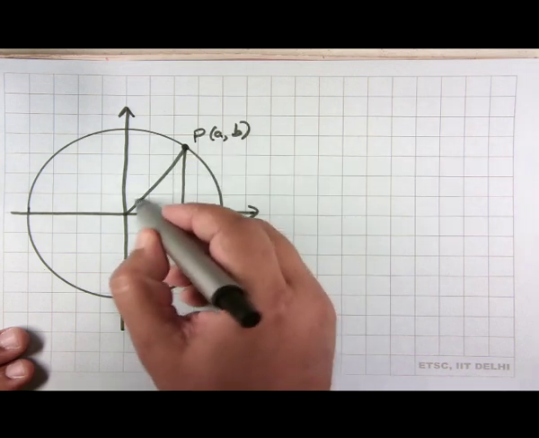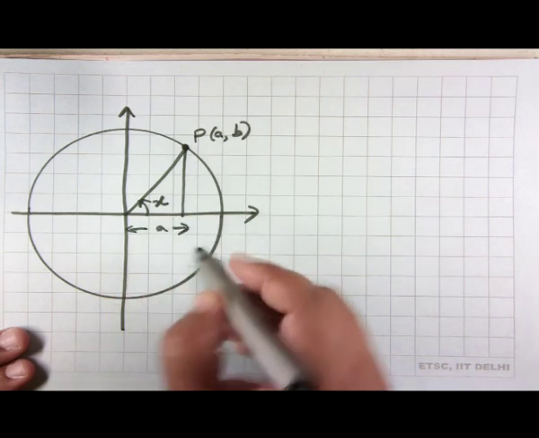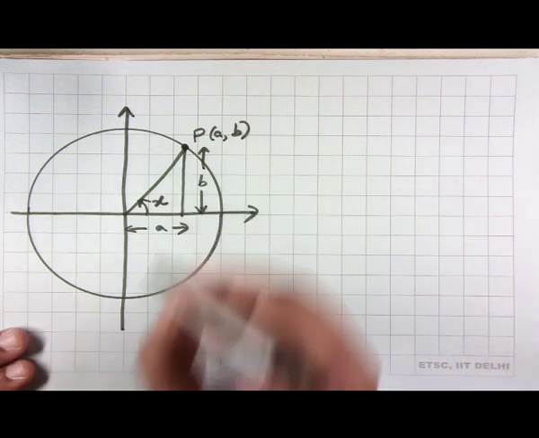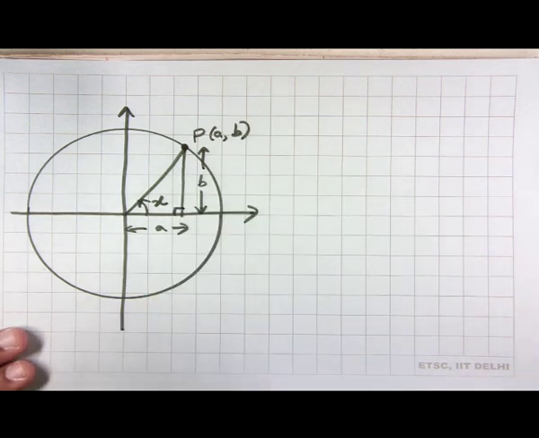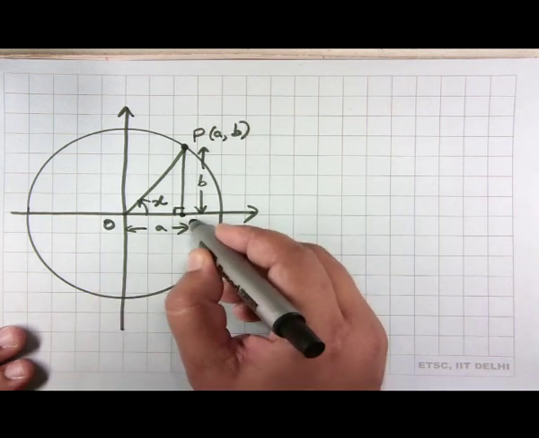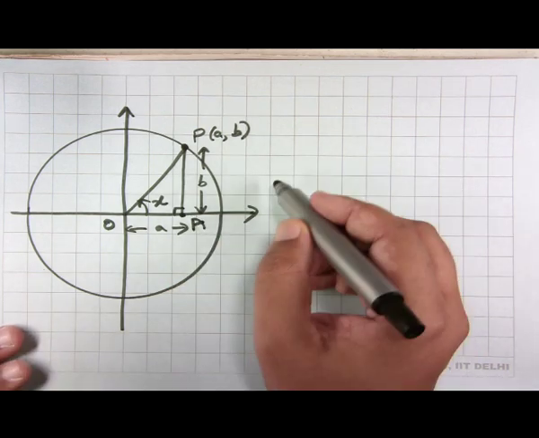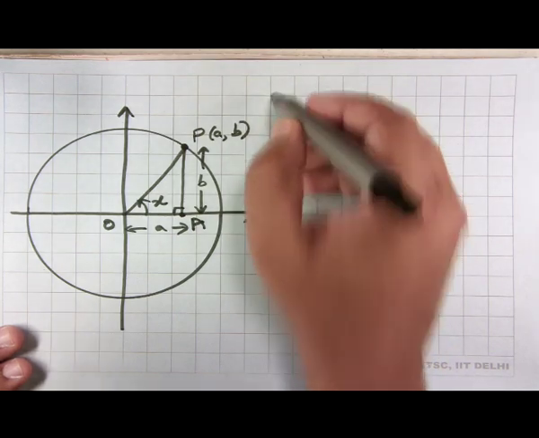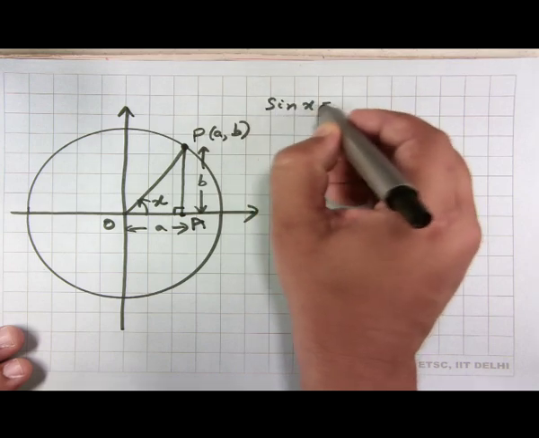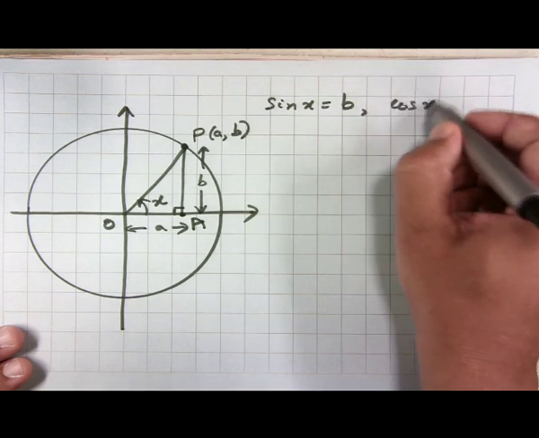This length was a, and this length was b. This is O, and let us say this point here is A, and we had said that sine of x is equal to b and cos of x is equal to a.